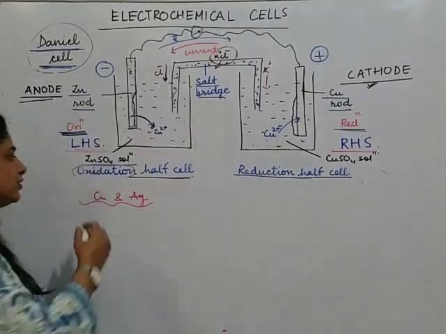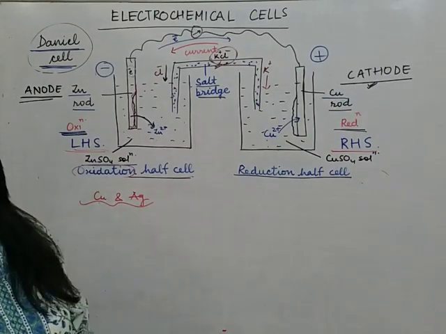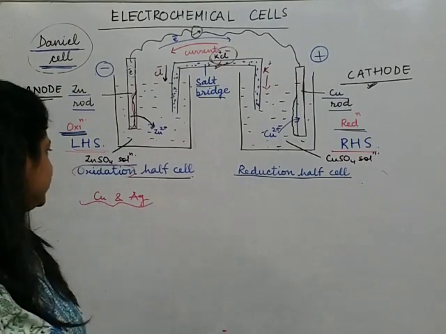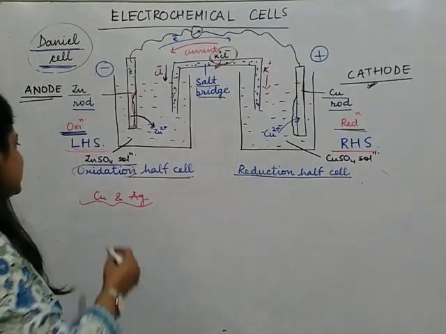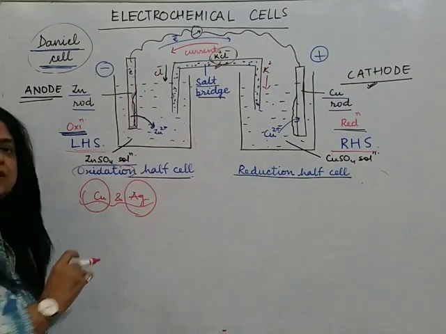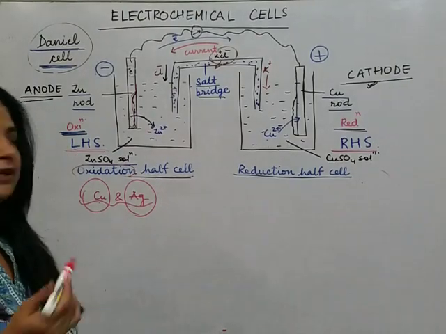Can you guess which of them is going to act as the anode and which as the cathode? We have discussed it earlier in detail. However, let's see their electrochemical positions, or relative reactivities.